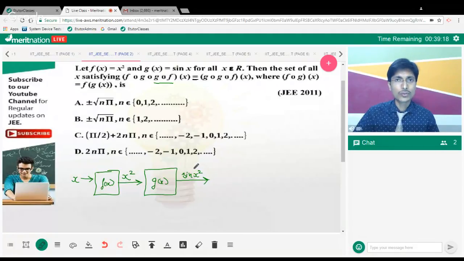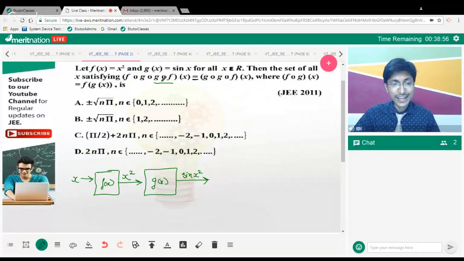Guys, be very clear: sine square x and sine x square are two different things. In sine square x, the square of the entire function is taken. But in sine x square, x square is the input, inside sine we have x square.